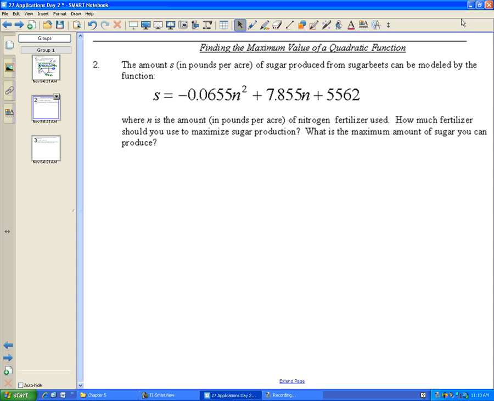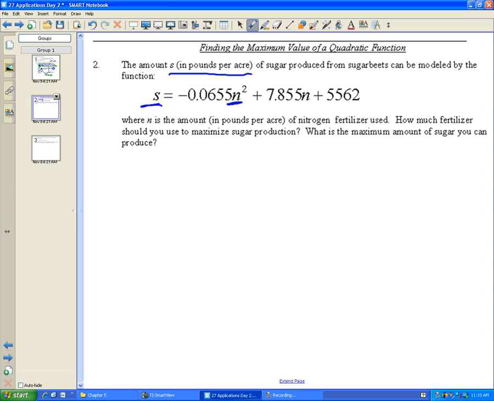S is sugar production. What is the maximum amount of sugar you can produce? So I'm figuring out S as pounds per acre. N is pounds per acre of nitrogen fertilizer I'm going to put down to get S pounds of sugar.